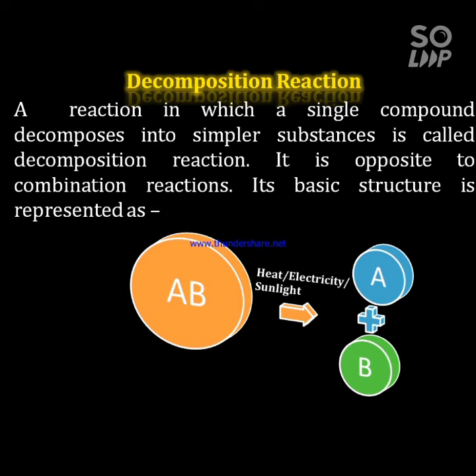These external factors are heat, electricity, and sunlight. So any one of these factors can be used to break down any compound. So now let's move on to these categories separately.